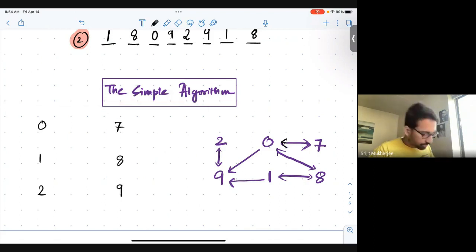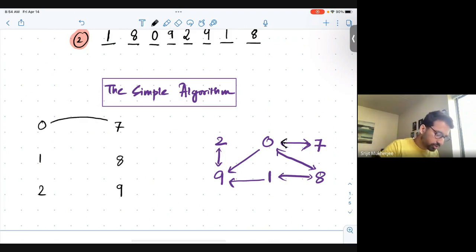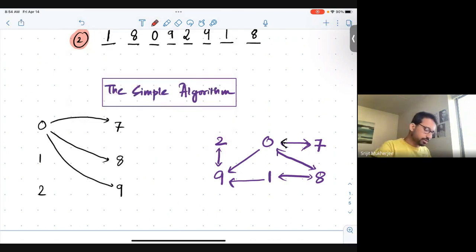Let's try it out. From 0, you have the following possibilities. If one digit is 0, the next digit can be 7, 8, or 9, right? For 1, you can go to either 8 or 9, right? What about 2? 2 can go only to 9, right? After 2, the next number should be 9.